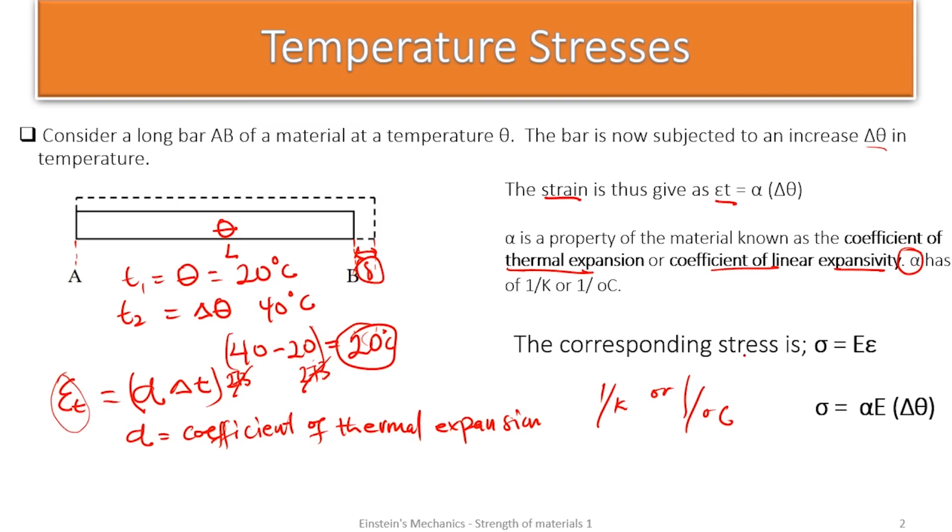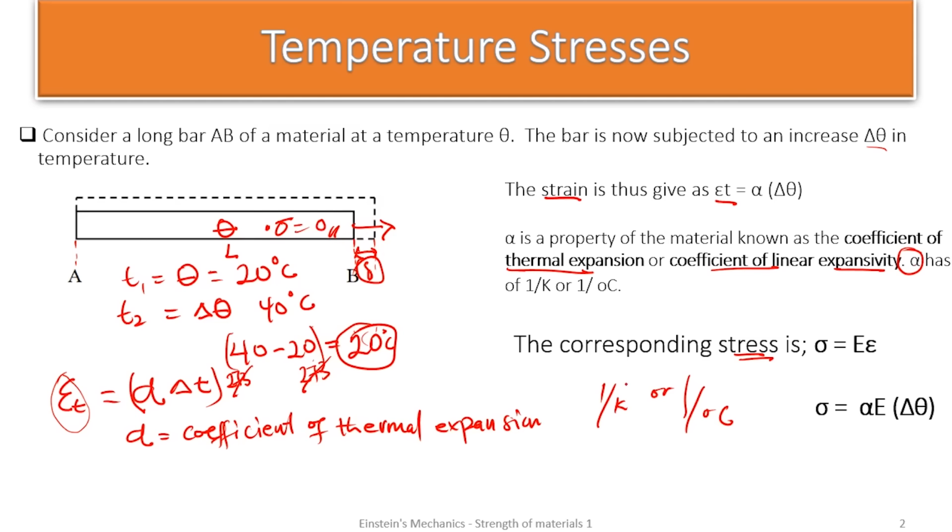And the corresponding stress is induced, but we will talk more about how the stresses are engaged, because not all members under temperature action will be having stress in them. For example, if the bar is free to expand, if there's a gap for expansion, there will be no stress inside the bar, so stress is going to be zero. Take note, a bar which is allowed to expand freely will have no stress.